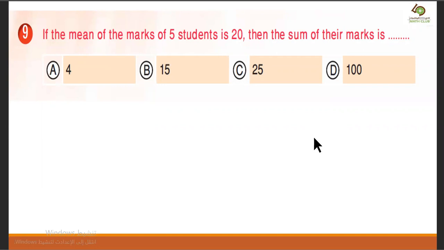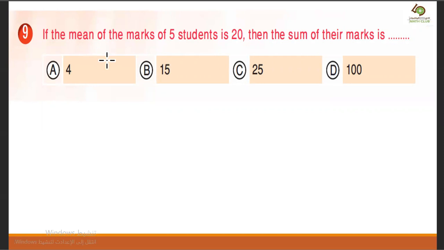How do I find the mean? Do you know what the mean is? In mathematics, what is the mean? It is average, right?